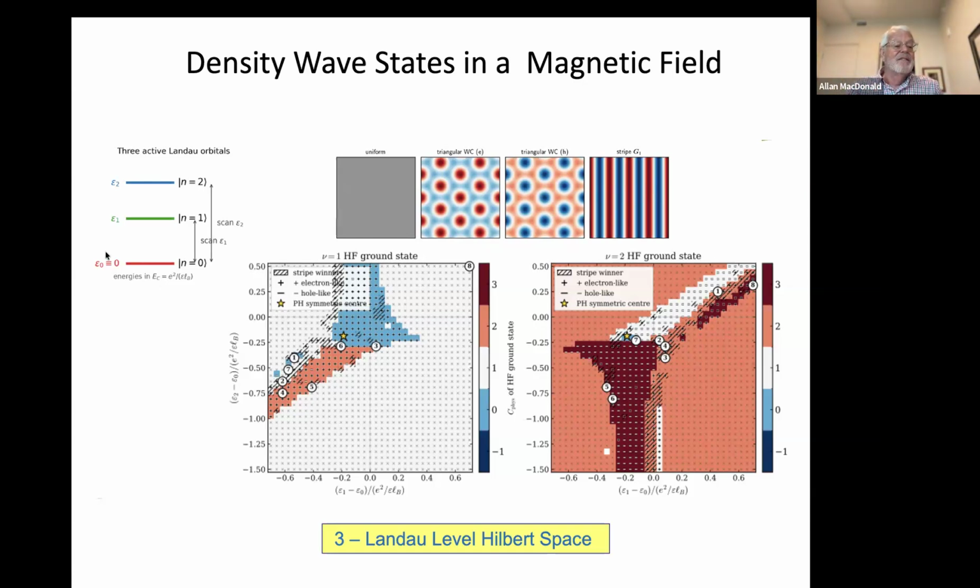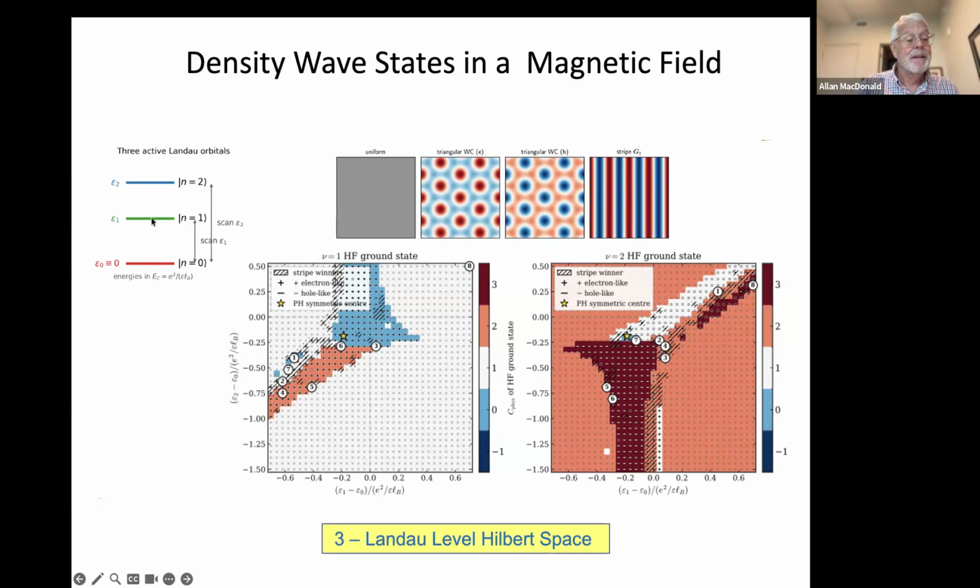But here's a bunch of Landau levels. The first thing I'm going to show you is a Hilbert space truncated to three Landau levels with orbital indices 0, 1, and 2.